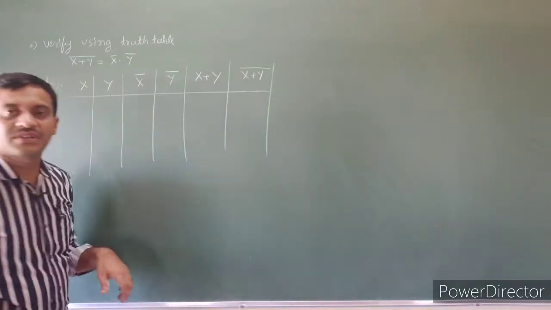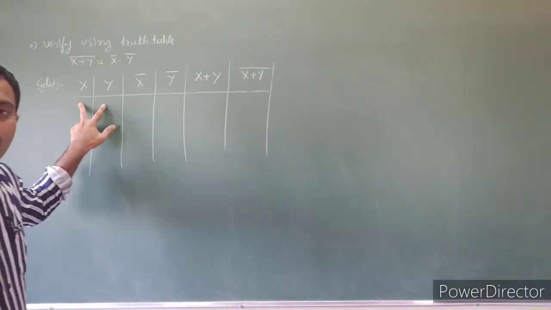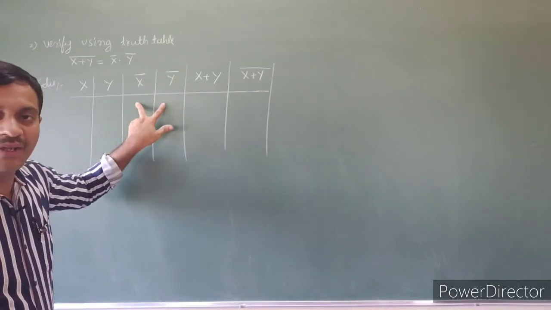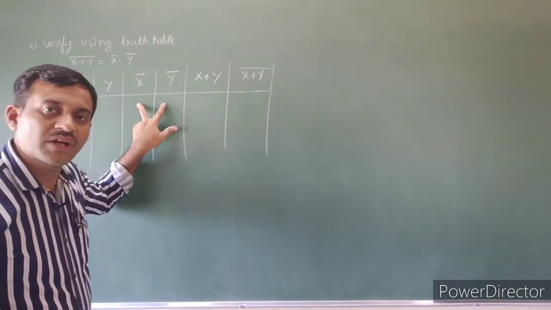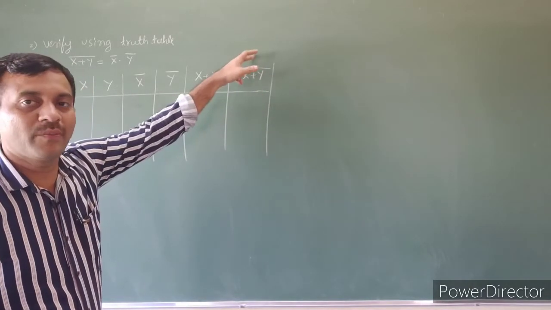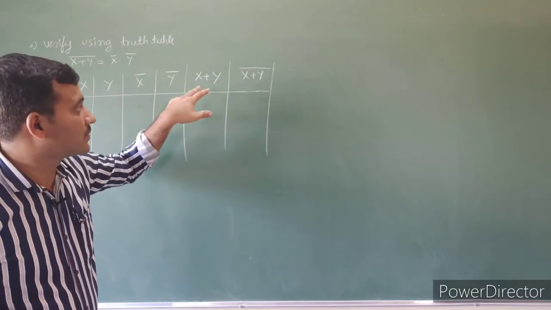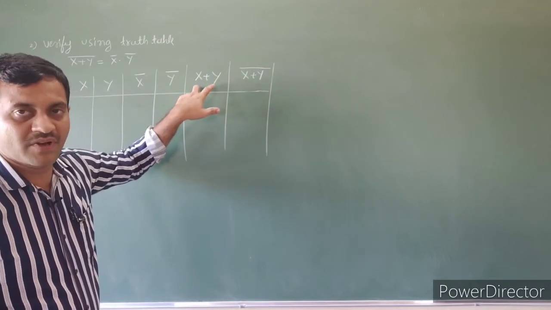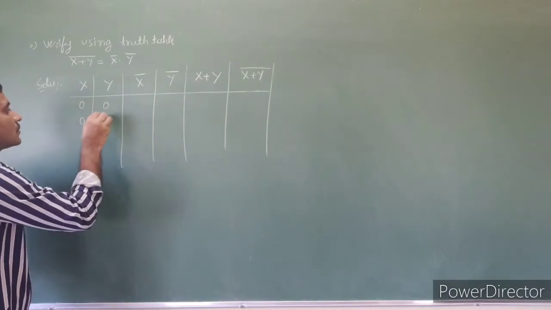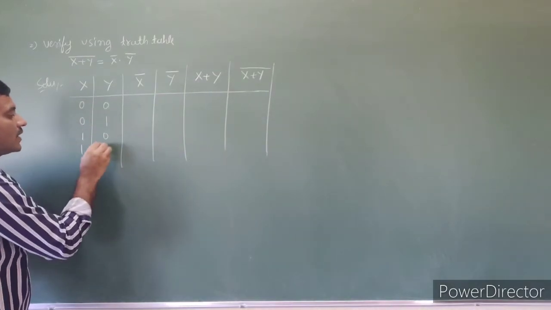See what are the columns required. First are the two variables x, y. Next is x bar, y bar, because NOT operators are evaluated first. Then to perform (x plus y) whole bar, first we have to find the result of x plus y. See the combinations: 0 0, 0 1, 1 0, 1 1.